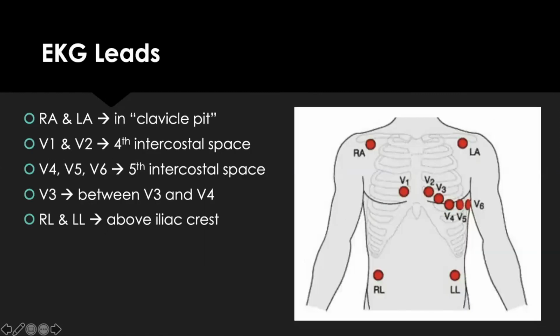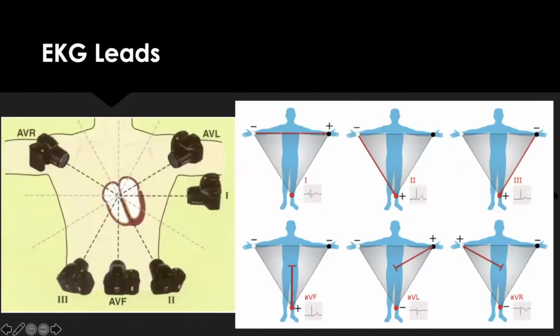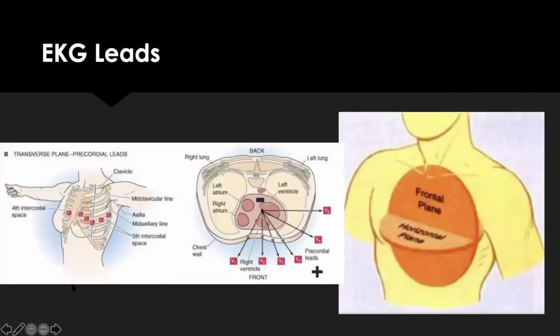I already went over this in two videos, so I'm not going to go over it again, but you can take a look at this and pause the video if you want, just as a refresher. I went over this in the How to Interpret EKGs lecture. But briefly, the limb leads basically look at different directions of the heart in the frontal plane, while the chest leads will look at different parts of the heart through a horizontal plane.